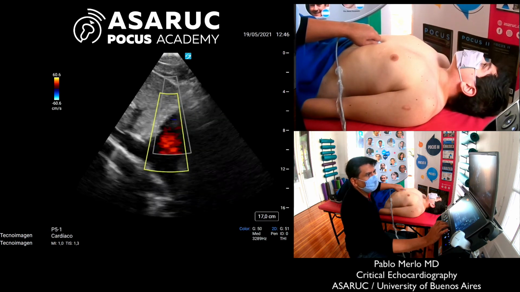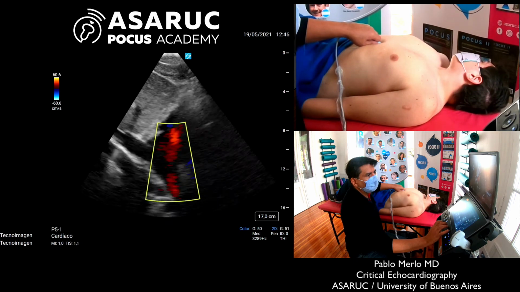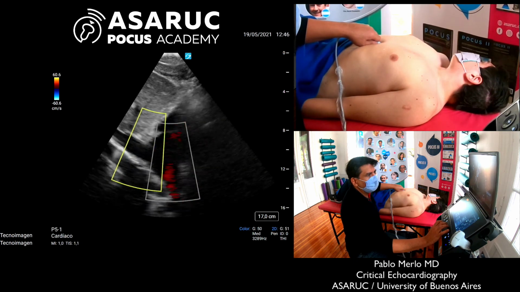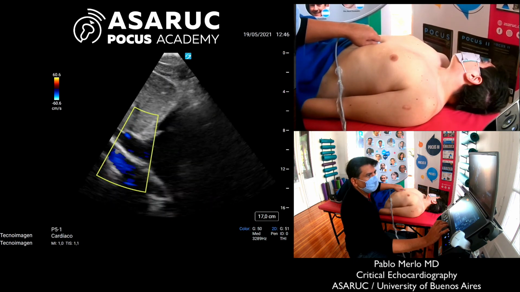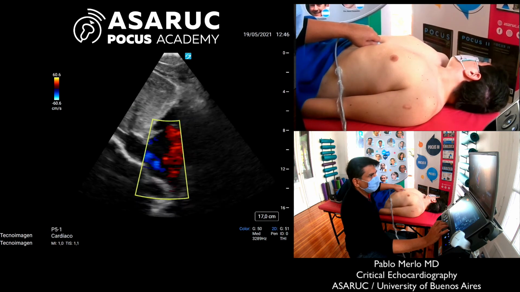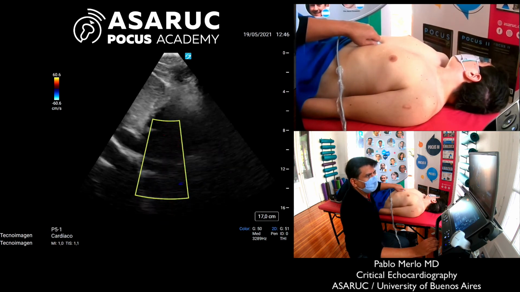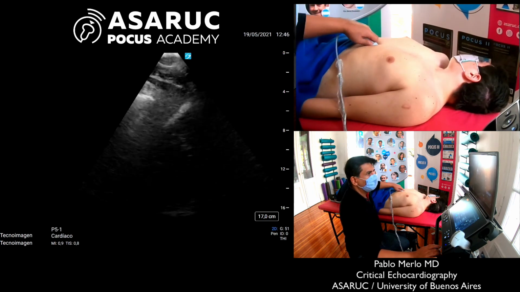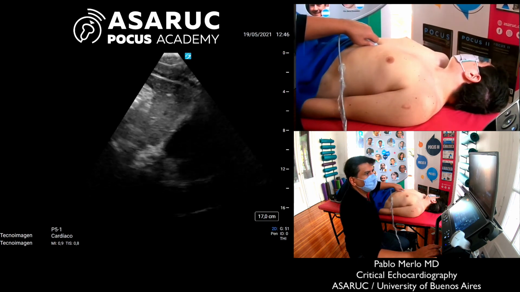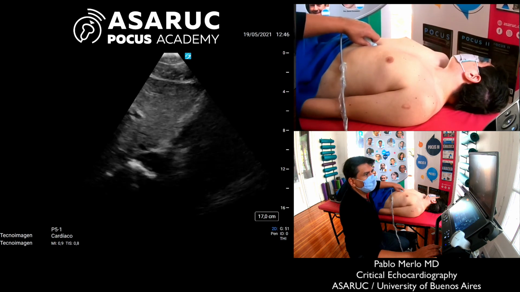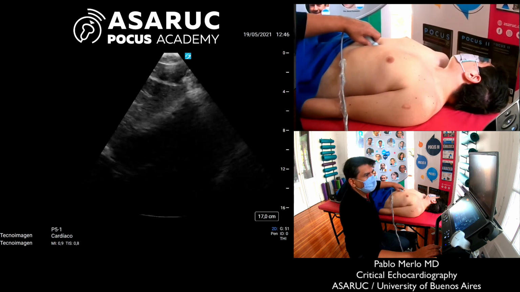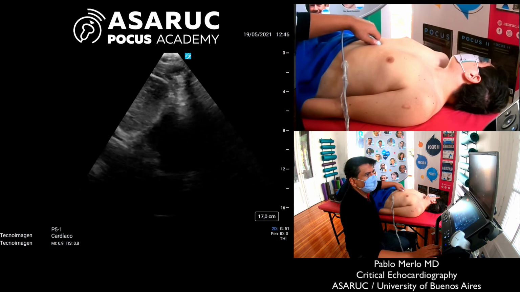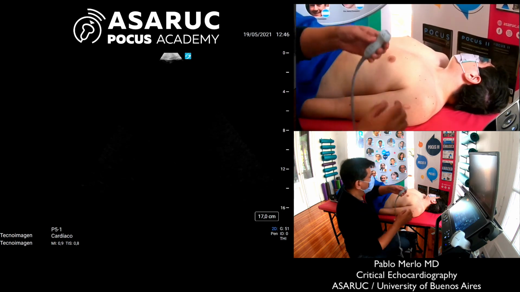Now we apply C mode to the superior vena cava and its mouth at the inflow to the right atrium. This is a subcostal bicaval view. Subcostal views are sometimes the only ones that we can get, especially with patients on mechanical ventilation.